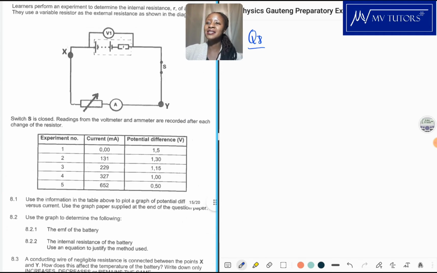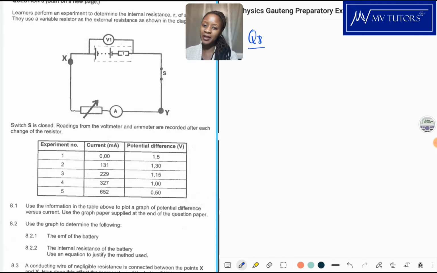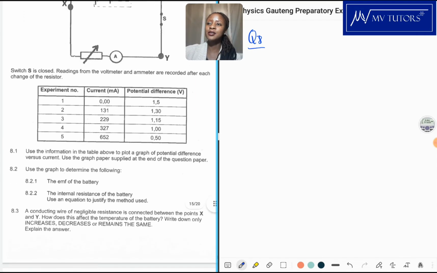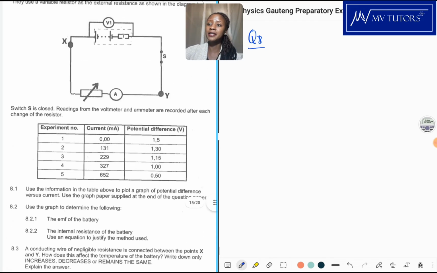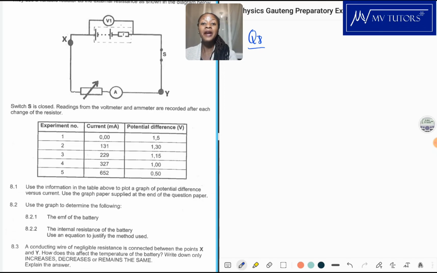Remember, if switch S is open, there is no current, and therefore the potential difference will always read the EMF. But as soon as switch S is closed, there is current, so the current will flow in the circuit. How strong the current becomes depends on the resistor.